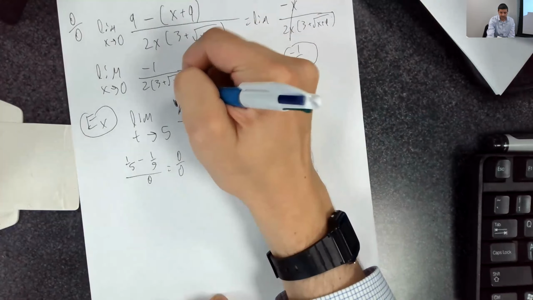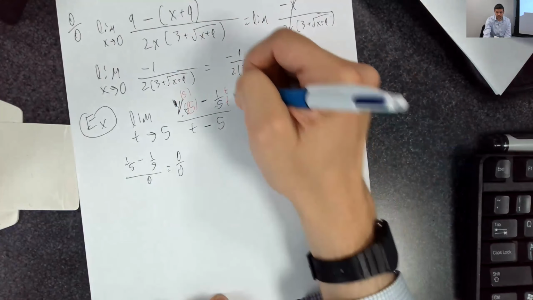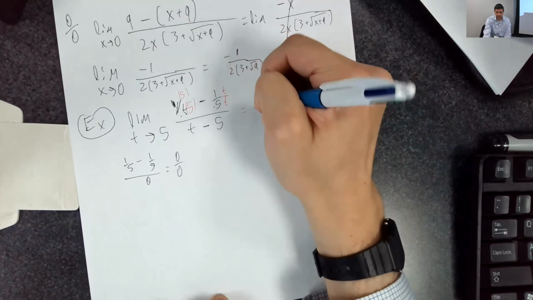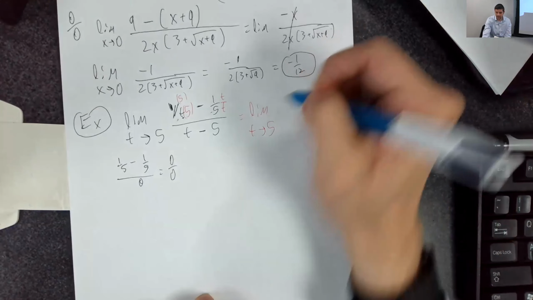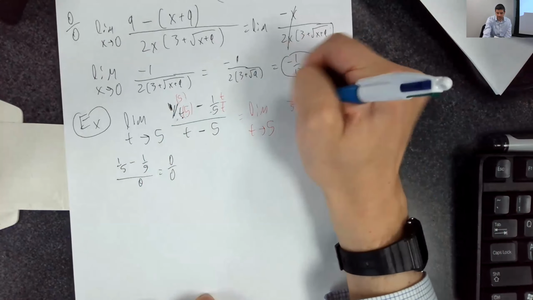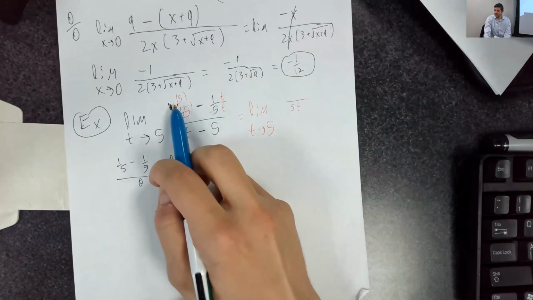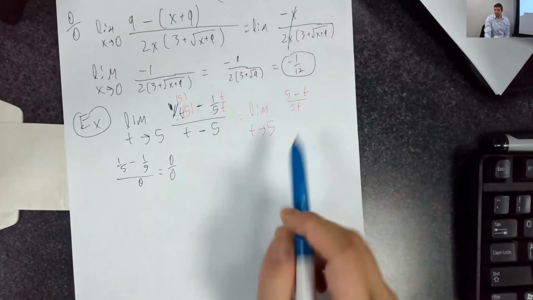Multiply 5 and t. Okay, so if I combine with a 5t in the denominator, then I get 5 minus t. You guys see that?